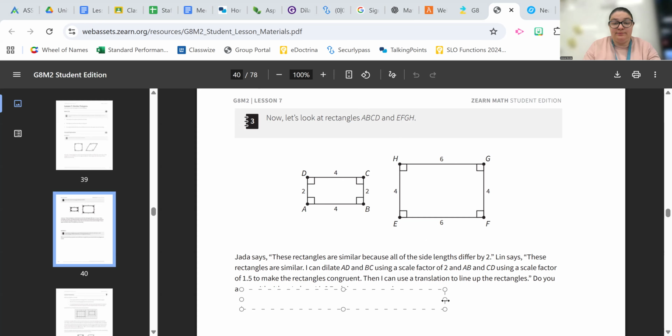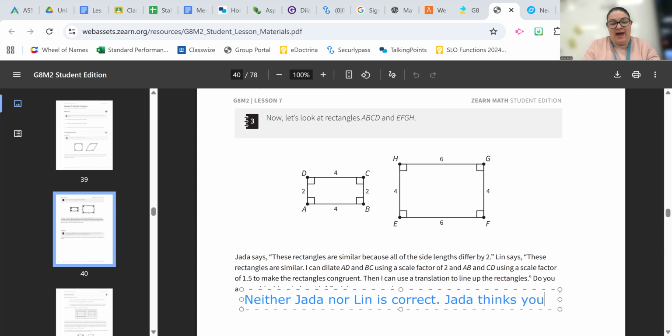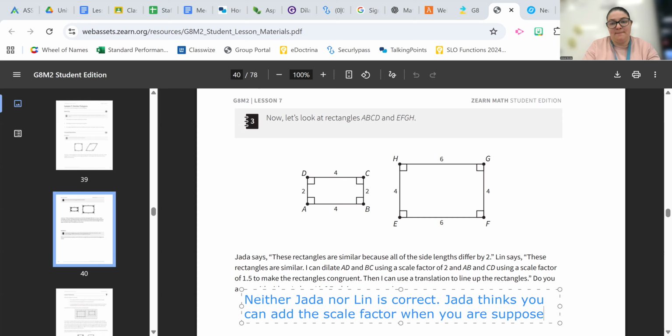So we want to say neither Jada nor Lynn is correct. Jada thinks you can add the scale factor when you are supposed to multiply.